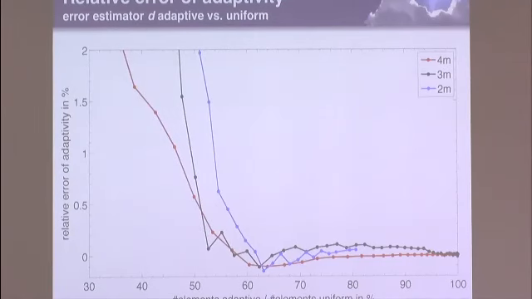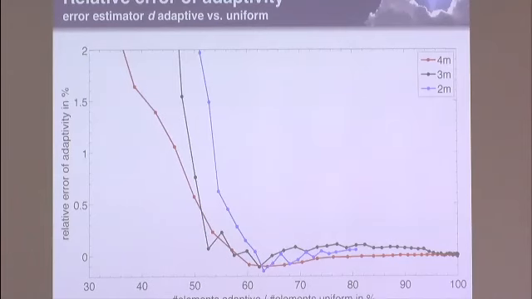When I do this, I can compare the accuracy according to this error estimator between adaptive and uniform results with different sizes of the refinement region. And I get this plot here showing the relative additional error of the adaptivity in percent as a function of the number of elements of the adaptive simulation divided by the number of elements of the uniform simulation in percent, for 3 different resolutions, for 3 and 2 meters.